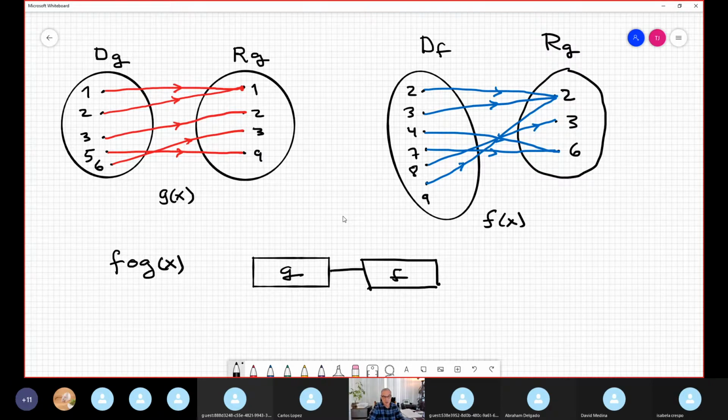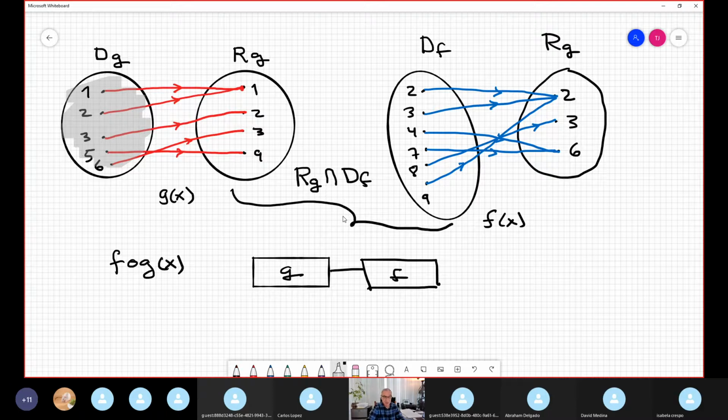When you put them in this order, the starting set is this, and this is associated with the one guy here. But now the problem is to find the connection in between, the continuation of f. So basically, I need to determine the intersection of the range of g and the domain of f. What are the common elements? I see 2 is common, look.